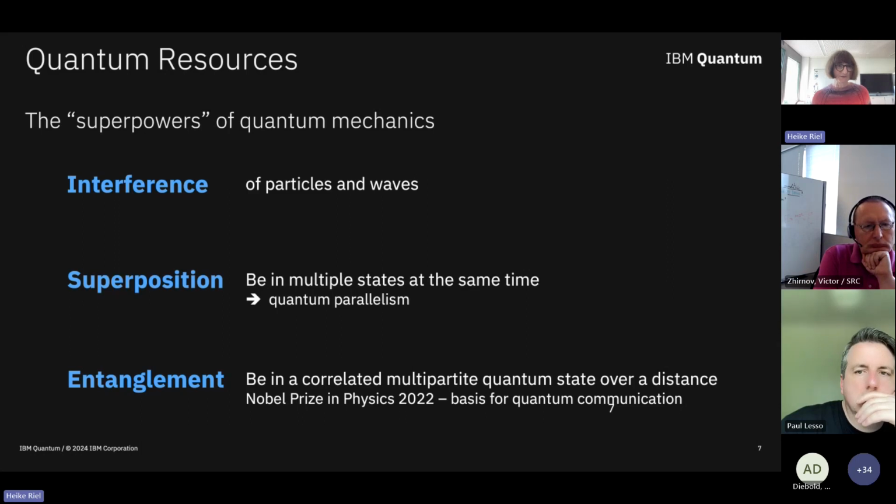Also the superposition, which I just mentioned, that the qubit uses, that you can be in multiple states at the same time, which we also call quantum parallelism. And you can utilize as a third phenomenon entanglement, which means that you are in a correlated multipartite quantum state, and you can do this over a distance. And actually in 2022, the Nobel Prize was given for the proof, many years back, of entanglement.